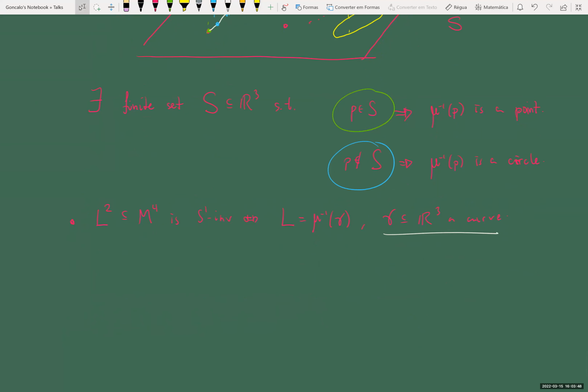And then, what does it mean for L to be Lagrangian? That's equivalent to gamma being planar. Planar means it lies in a plane, and without loss of generality, you can suppose it lies in a plane perpendicular to the z-axis, so it lies in an R2.